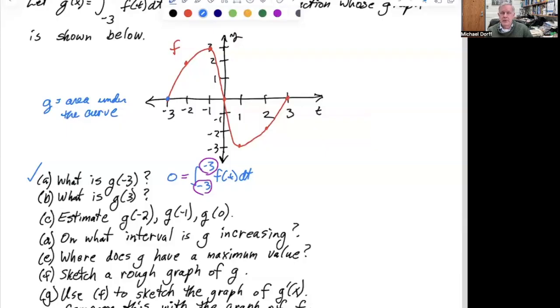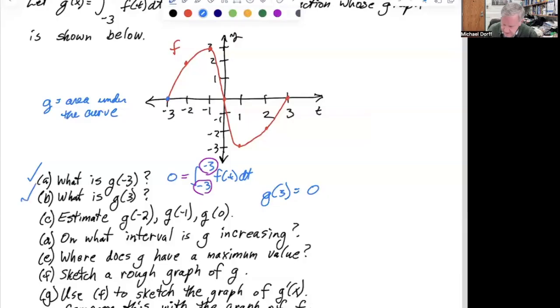So if I add up the area from -3 to 0, it's a positive area because it's above the x-axis. But from 0 to 3, it's the same amount of area, but it's below the x-axis, so it's negative. So g of 3 should equal 0, because the part from -3 to 0 cancels out with the part from 0 to 3, because they're the same area, but one is positive and one is negative.